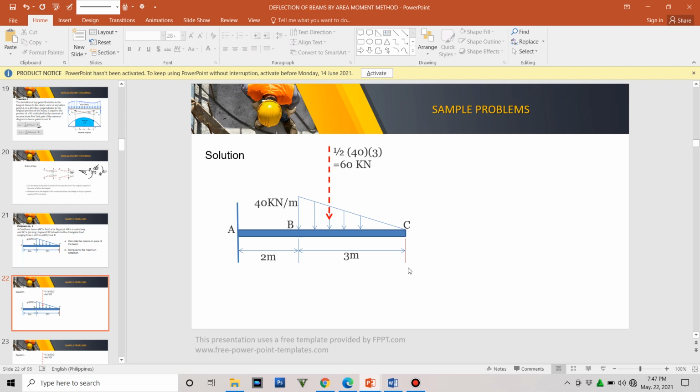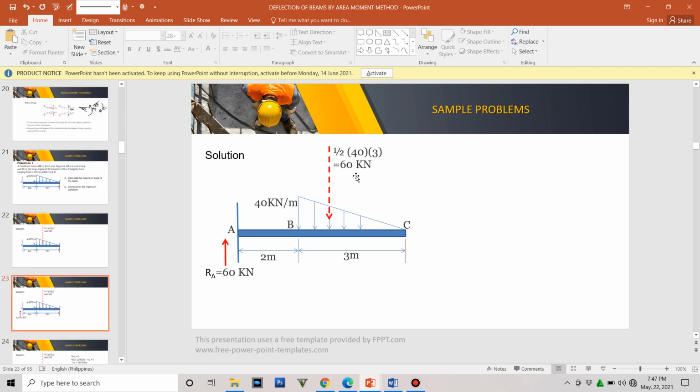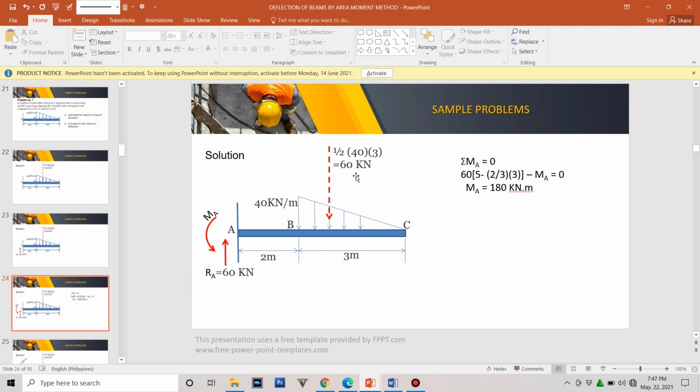So, first, we're going to resolve the triangular load. One-half times 40 times 3 is equal to 60. And that 60 is also our reaction at A. And then, of course, we'll have a restraining moment at the fixed support, which can be derived by taking moments at A. So, we have 60 times the distance, from here to here is actually 5 less 2/3 of 3, minus moment at A, equal to 0.